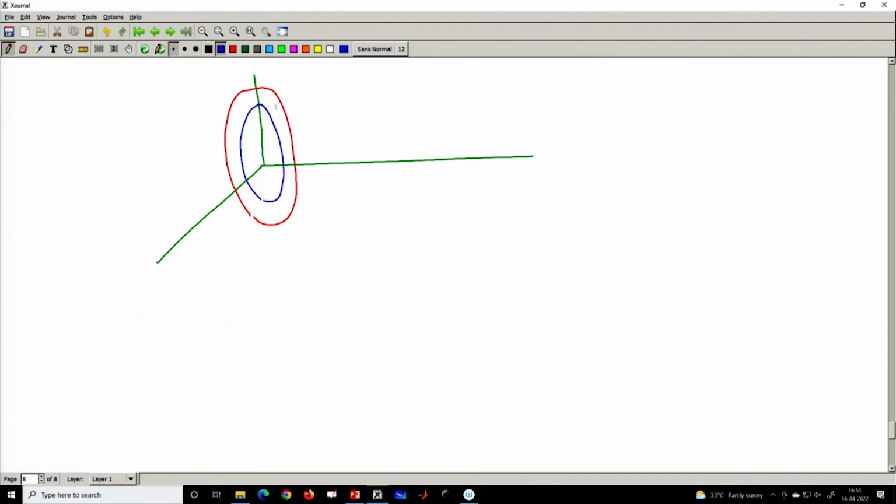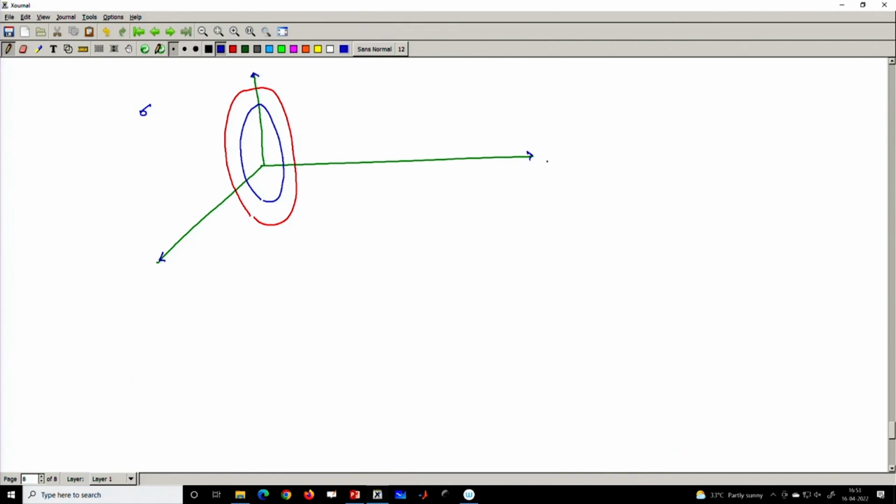The problem is that this is a disk which is uniformly charged with surface charge density sigma, and what should be the potential at some point over this axis?